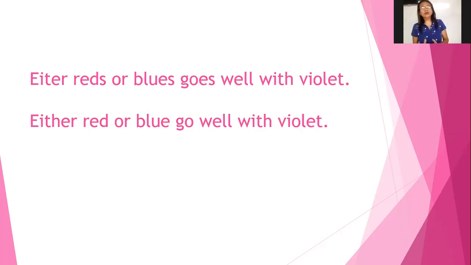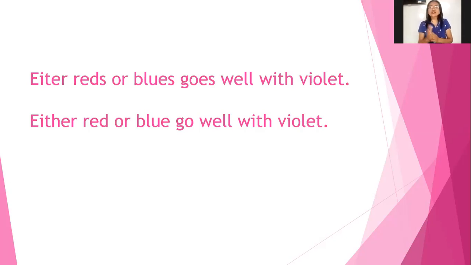What is our subject here? It is either reds or blues. Reds is a plural, so it has to have a plural form of verb. Blues also is a plural, so it has to have a plural form of verb.